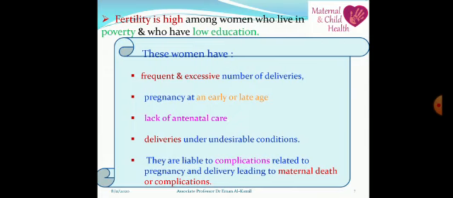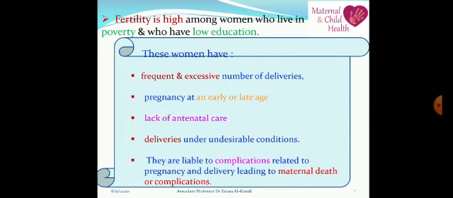Also, many women living in poor or developing countries lack antenatal care. Most of them don't attend or utilize the available antenatal care, and this will expose them to many risk factors. Deliveries also, most of them deliver at home, in what is called undesirable, unhygienic conditions.